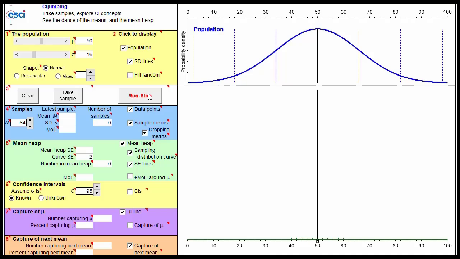That is, if we take the mean of 64 scores, they are less likely to be spread from the actual population mean because of the law of averages. So let's take a look at that.